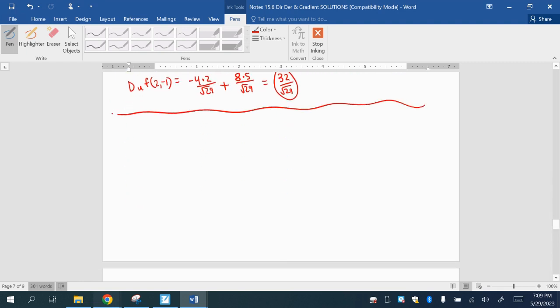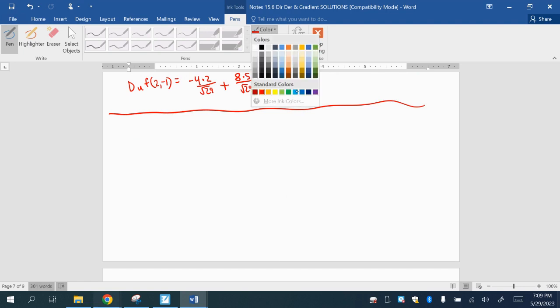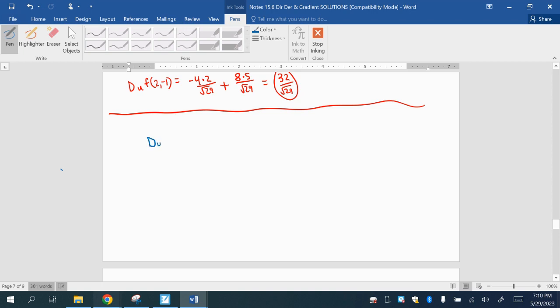Let me just change this color to blue. So we know that the directional derivative of our function is the gradient of f of x comma y dot product the unit vector.